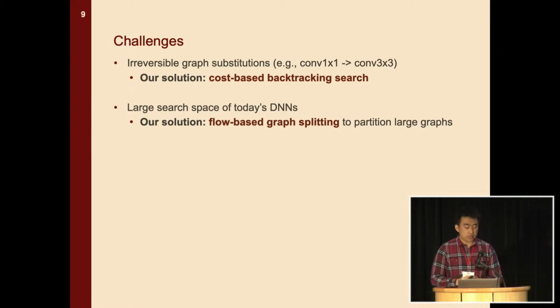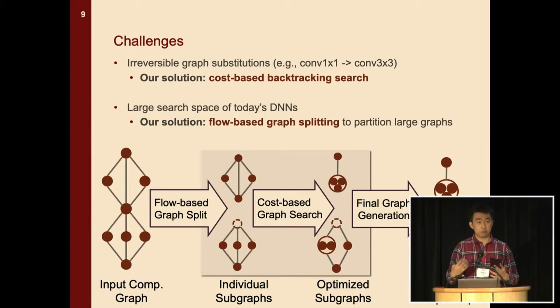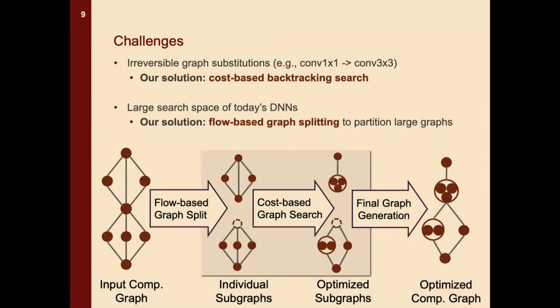And the second challenge is that for today's deep neural networks, the search space is too large to directly search. So our solution is we propose a flow-based graph splitting algorithm to partition the large graphs into multiple small subgraphs. The bottom figure shows a data flow of our approach.